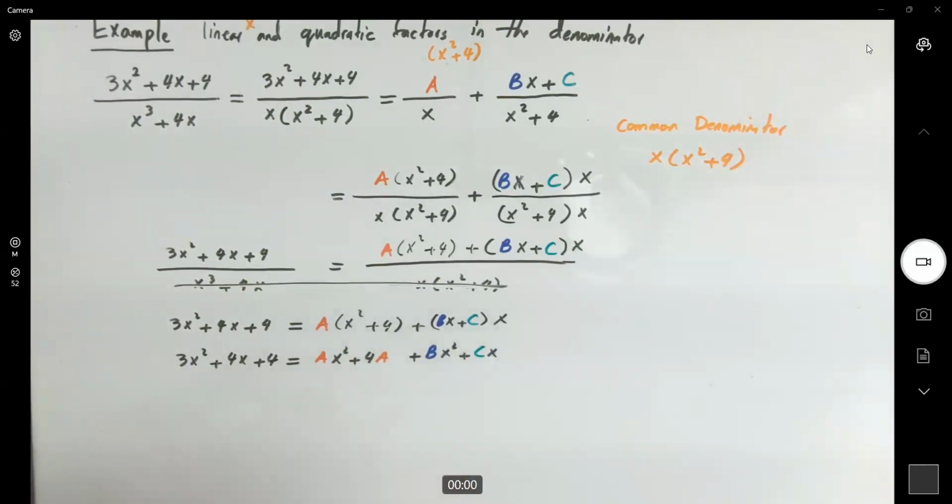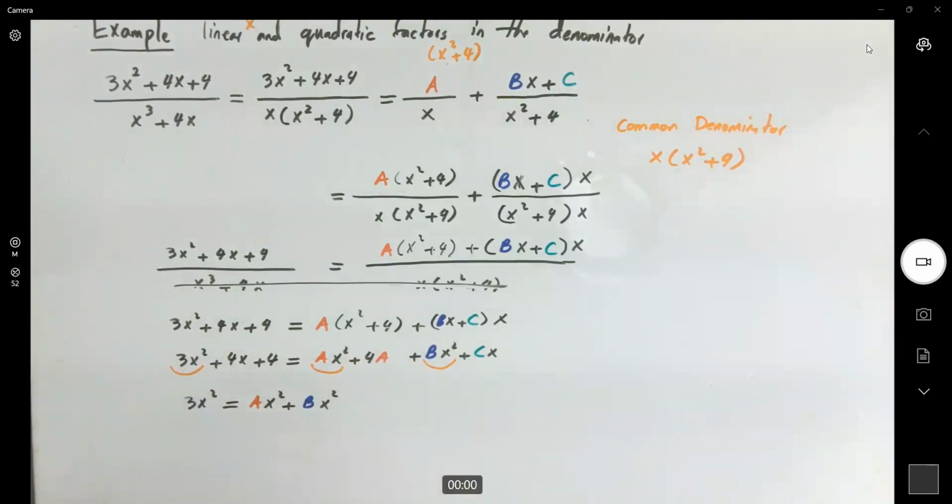Cool. Very good. Now let us begin. Left hand side you have 3x squared, right hand side you have ax squared plus bx squared. So 3x squared is ax squared plus bx squared.